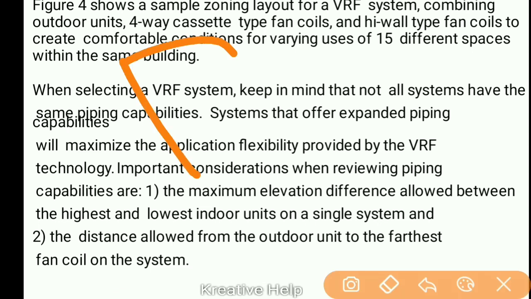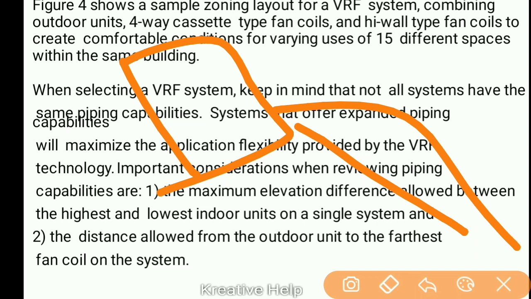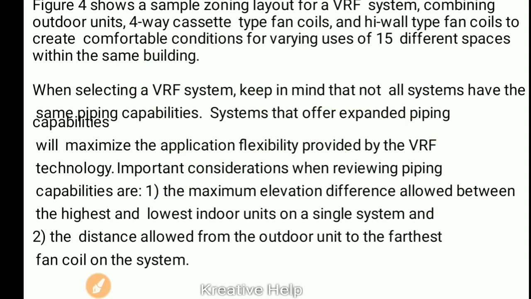The outdoor unit we put on the rooftop, so the length should be as per the system requirement. The length offered is very good. You can connect the 5th floor, 7th floor, but not too much.